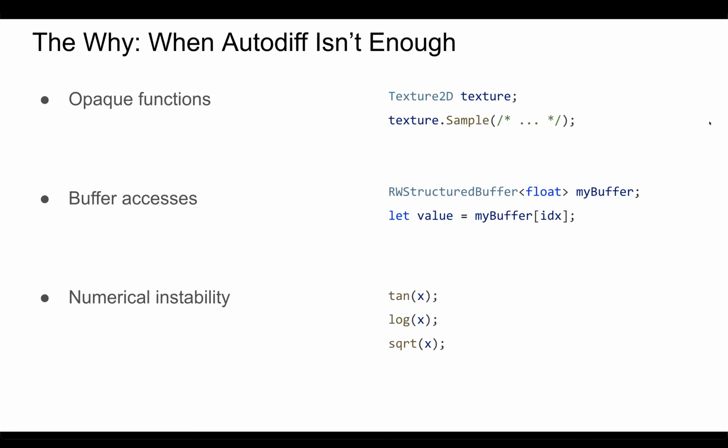Buffer accesses are another category. Operations that read from or write to buffers, like a read-write structured buffer on a GPU, introduce side effects and are fundamentally hard to differentiate. Custom derivatives allow you to handle these cases safely, for example, by using atomic operations to prevent race conditions when writing to a buffer. Then the third big category is functions that are numerically unstable.